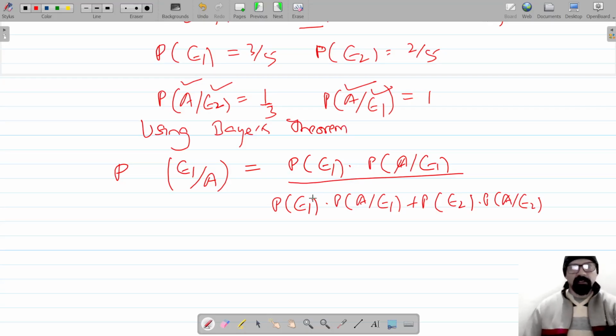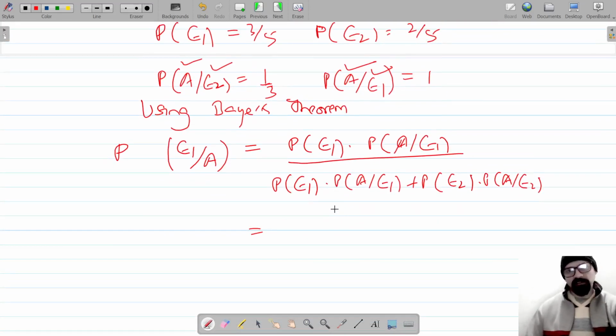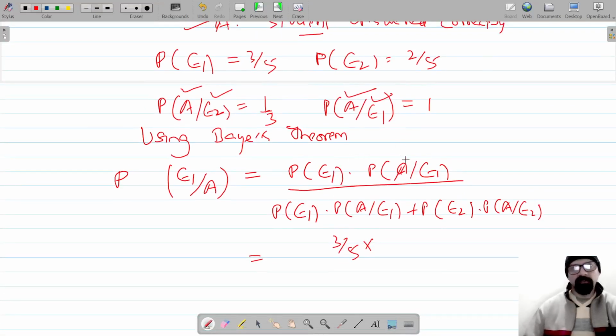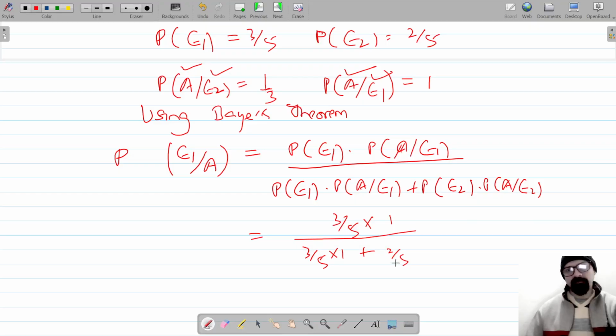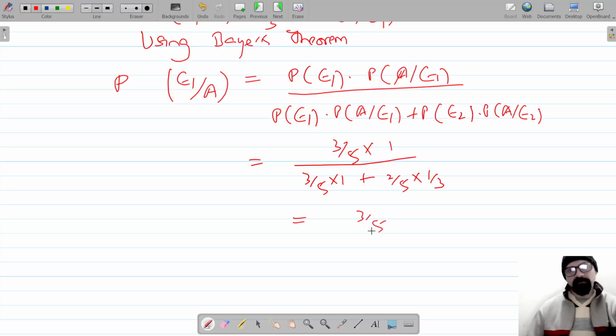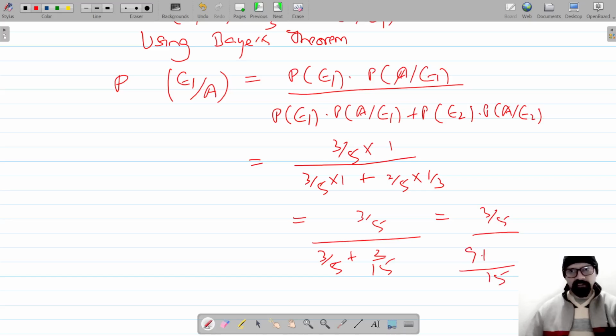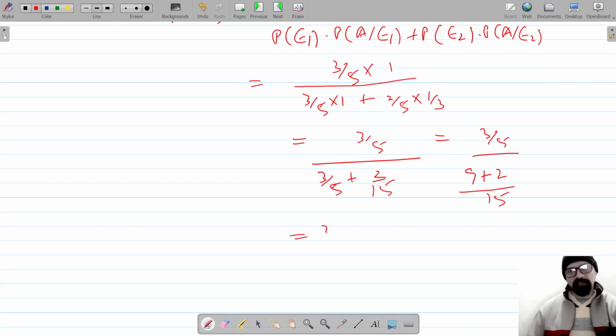ये है बेस थ्योरम. अब इनकी प्रोबेबिलिटीज डालते हैं. प्रोबेबिलिटी ऑफ E1 थी 3/5, प्रोबेबिलिटी ऑफ A बाय E1 है 1, तो 3/5 इंटू 1. प्रोबेबिलिटी ऑफ E2 थी 2/5 और प्रोबेबिलिटी ऑफ A बाय E2 है 1/3. तो ये बन गया 3/5 डिवाइडेड बाय 3/5 प्लस 2/15. 15 और 5 में एलसीएम 15 है, तो ये बन जाएगा 9 प्लस 2, यानी 3/5 डिवाइडेड बाय 11/15, which becomes 3/5 into 15/11.